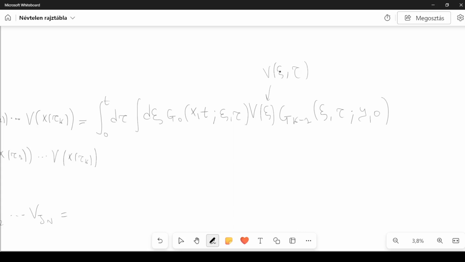So it could be v of xi tau if you want to be more general. Now I'm assuming that the potential only depends on space, so it is a function of this final point. And after that, we have a free propagation from this point to this point here because there are no other potential terms after this one. So this is the idea.